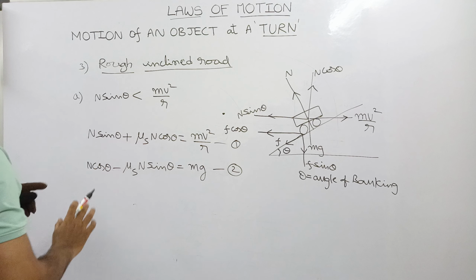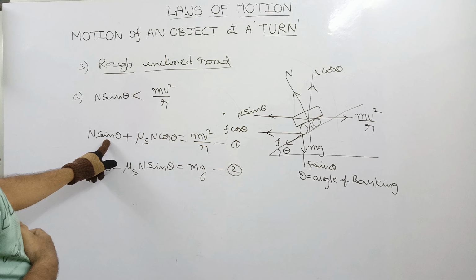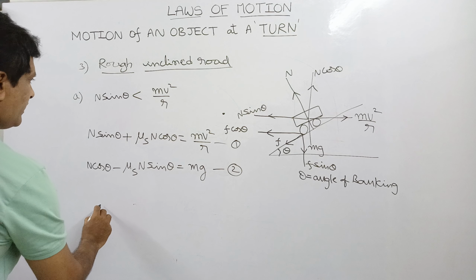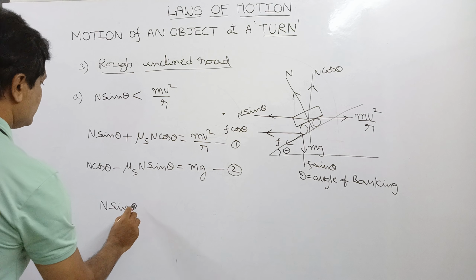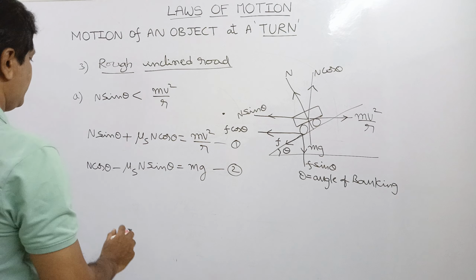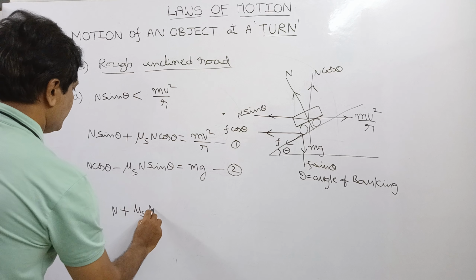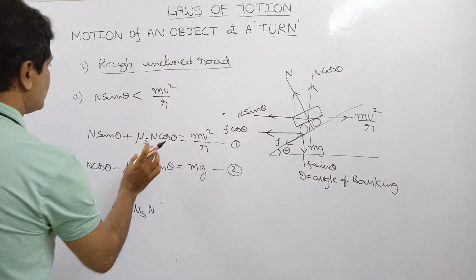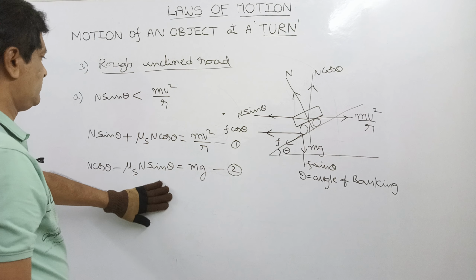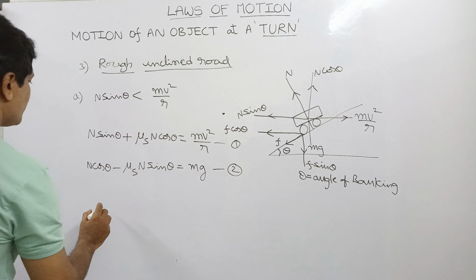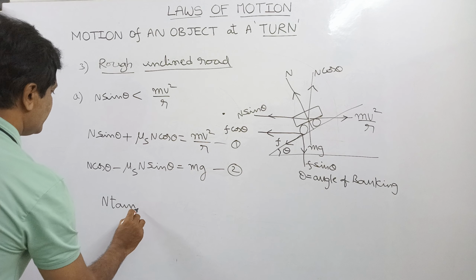So here if you observe, I will divide this one with sin theta. Then what happens? If I divide the equation with sin theta, this becomes n plus mu s n cos theta. And I will divide this one with cos theta. So this becomes equation 1. I am dividing with cos theta.